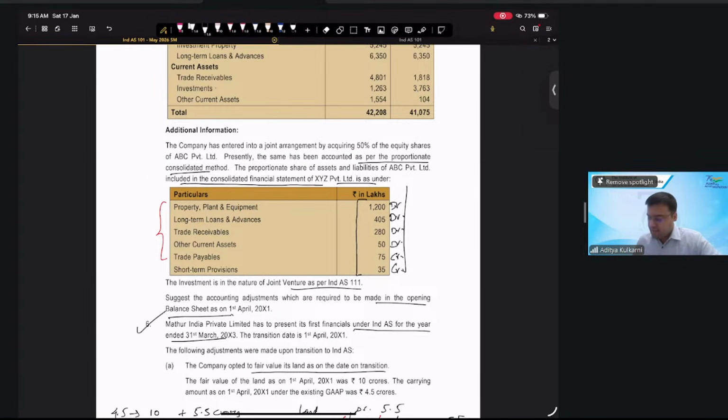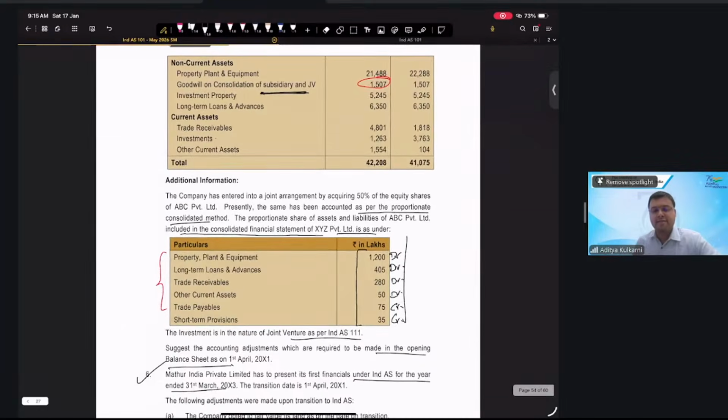That means 1507 worth of goodwill is arising because I have prepaid something more for these net assets. Only these net assets. For the other net assets, whatever is not there.